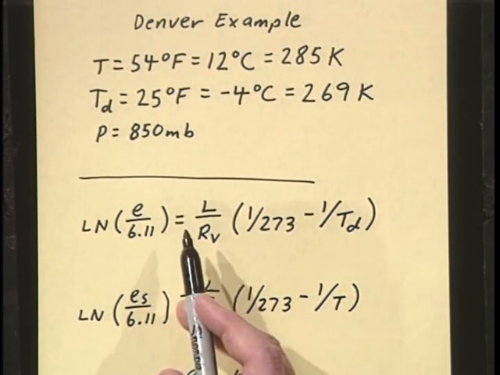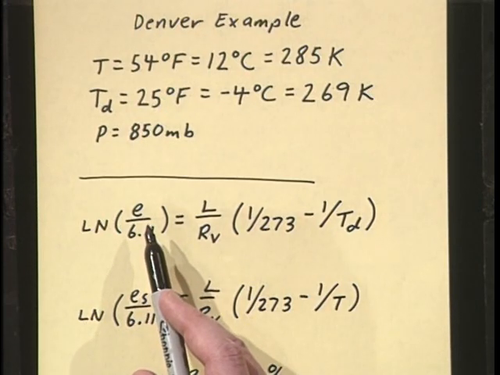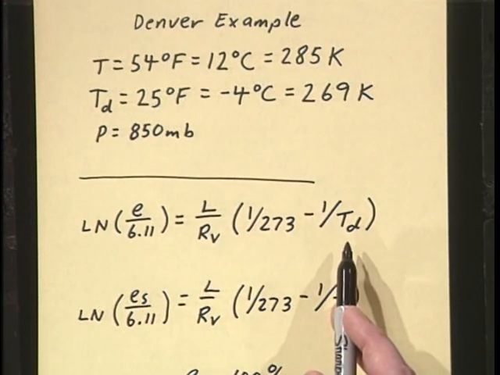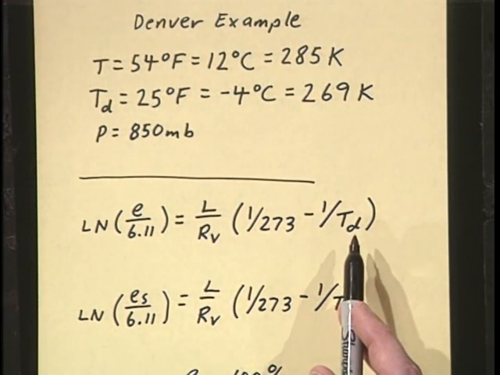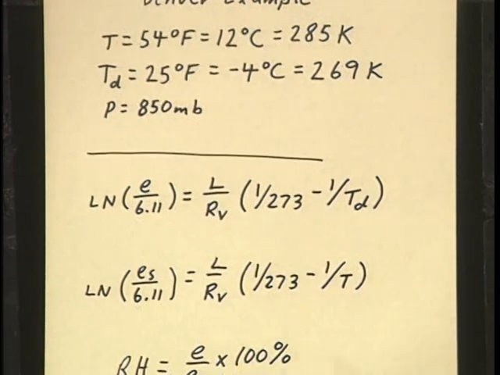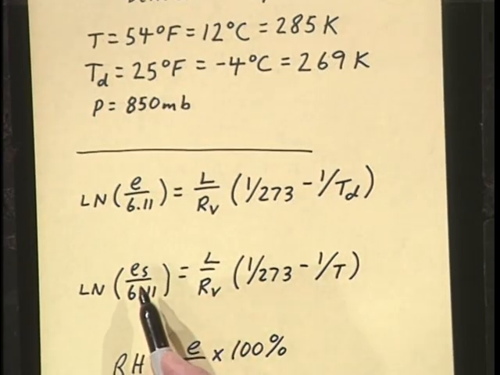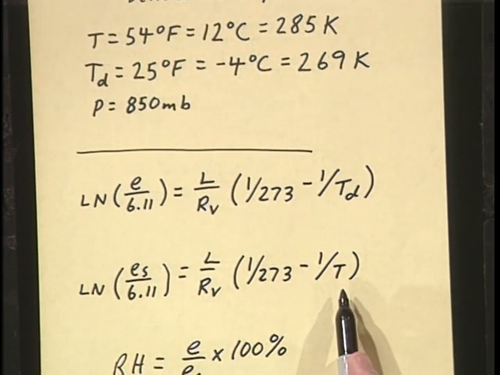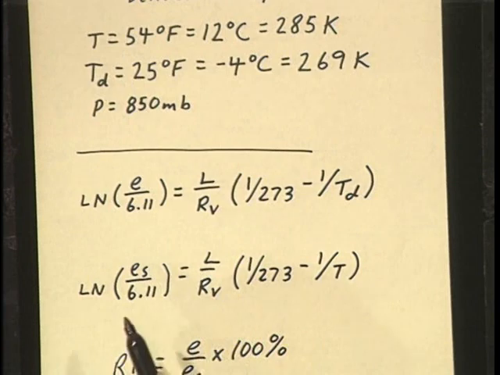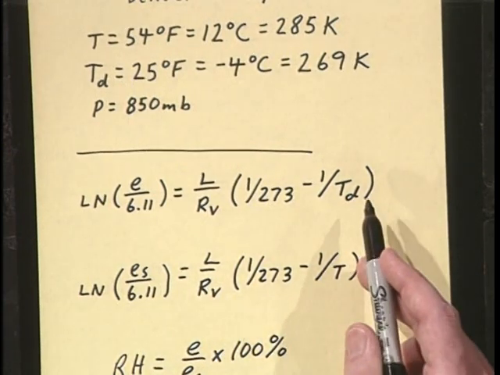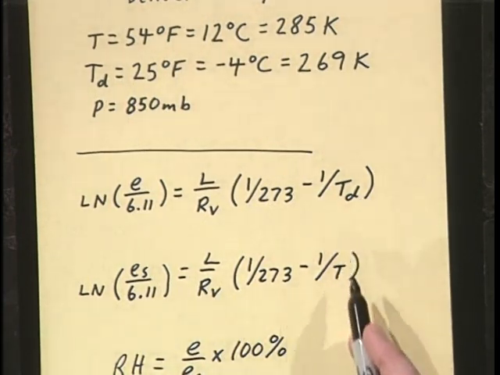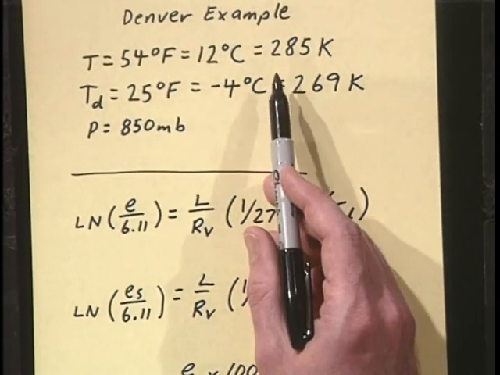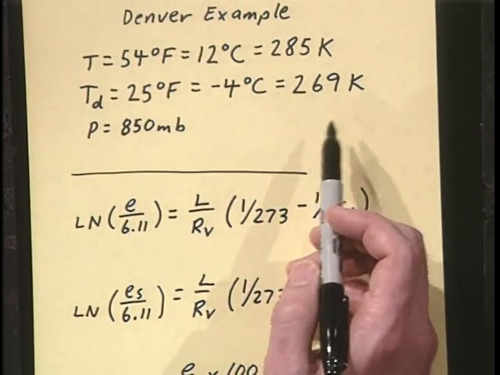The one at the top is for the vapor pressure, and when using the Clausius-Clapeyron equation to find the vapor pressure, you plug the dew point value in for T. If you want to find the saturation vapor pressure, then you have to plug in the temperature value for T. So everything is solved the exact same way. It's just that in one equation you plug the dew point in, and in the other the temperature, and we have determined above what the temperature and the dew point are of this air.